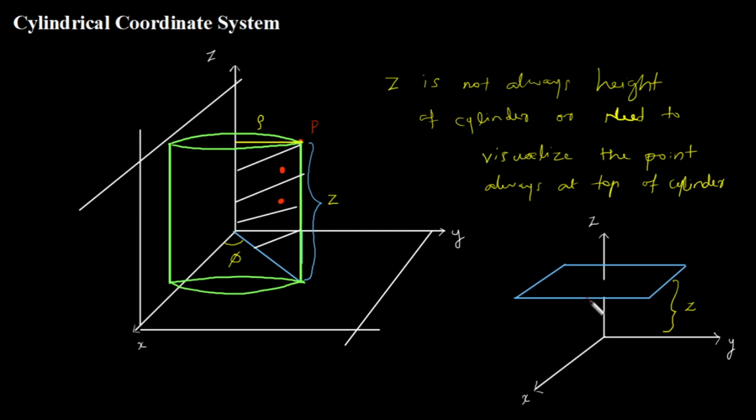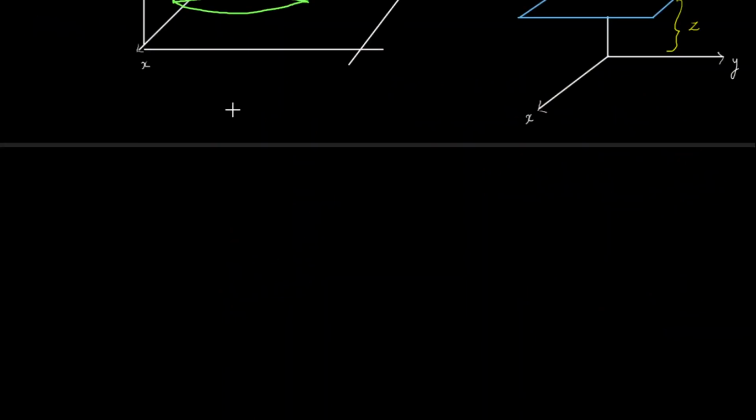These three intersection gives me point P. Okay, so it's very clear that the point P in a cylindrical coordinate system can be defined as the intersection of these three surfaces. So, a point P in cylindrical coordinate system has three coordinates, and I can represent a point P as rho, phi and Z.